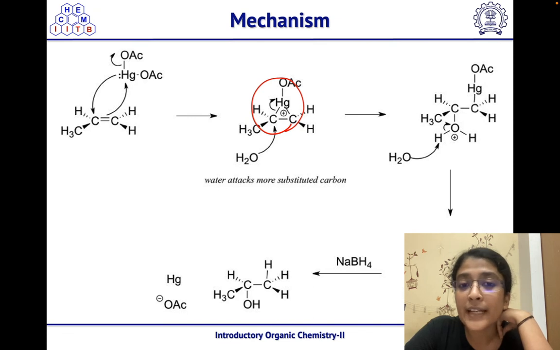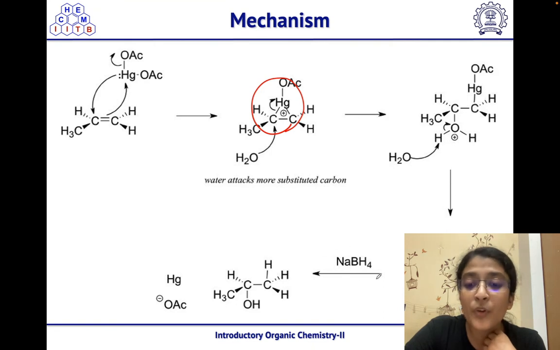So here this addition is anti-addition. Anti-addition means addition from the opposite side. See here, SN2 kind of addition is taking place. Here water is attacking and this is opening up. So this alcohol and mercury will be coming from different faces.